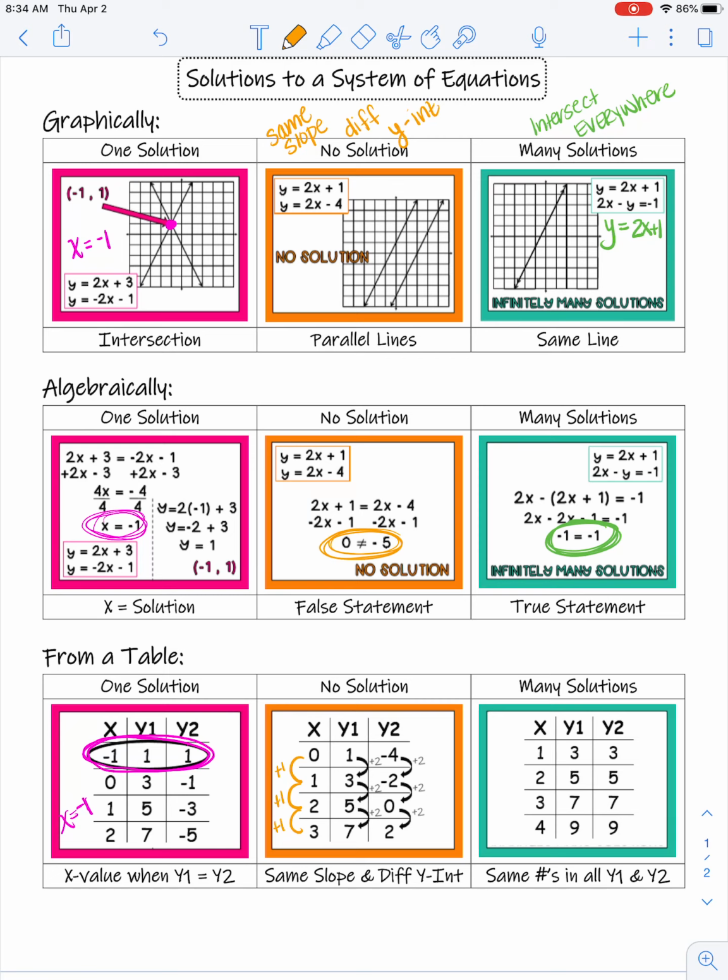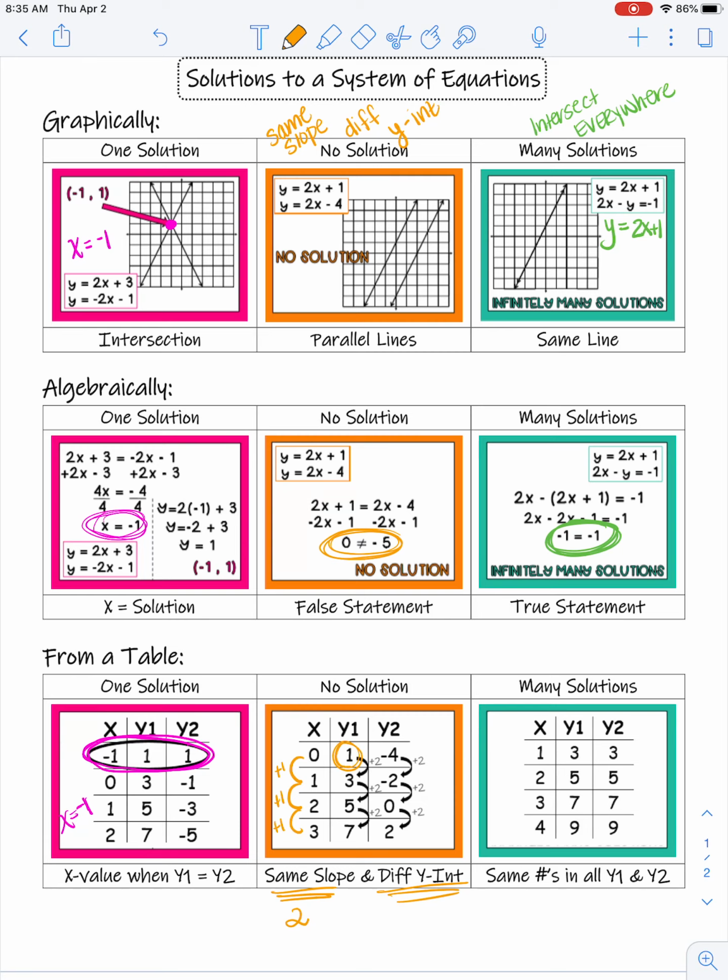If I look at my y2 column, which would be my equation on the right-hand side, -4, -2, 0, and 2, those are all also increasing by 2. So that means that y1 and y2 have the same slope. Okay, so they have the same slope, which is 2, but they have different y-intercepts. How do I know that they have different y-intercepts?